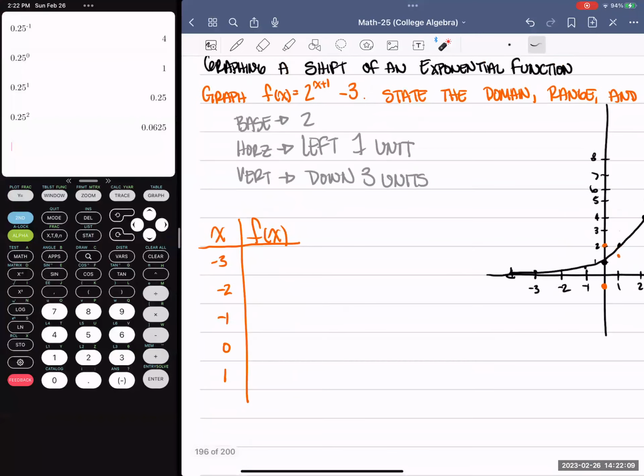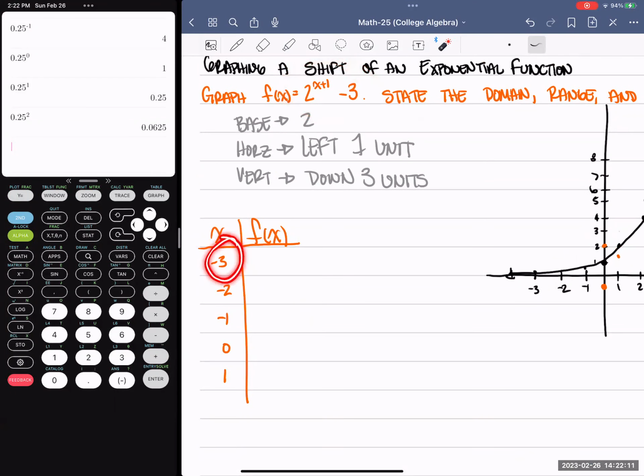So here's our graph. Starting with -3, we have 2 raised to the power of -3 plus 1, close parentheses, minus 3. That first one is -2.75. Next one we're going to look for is -2.